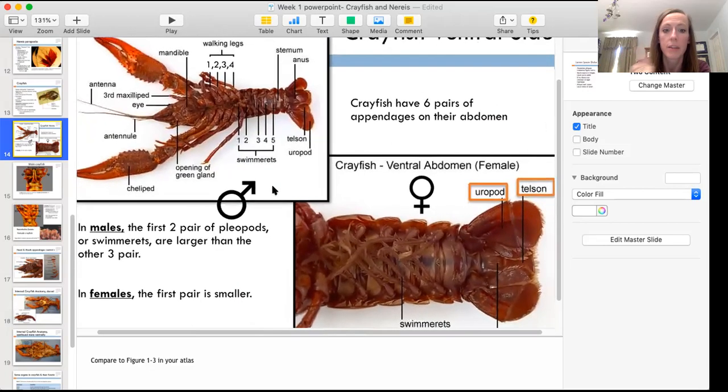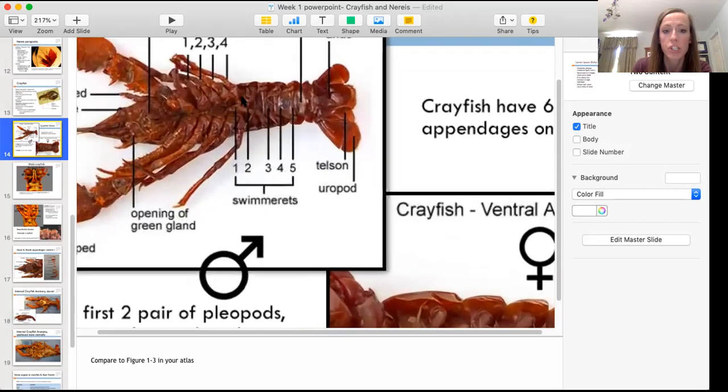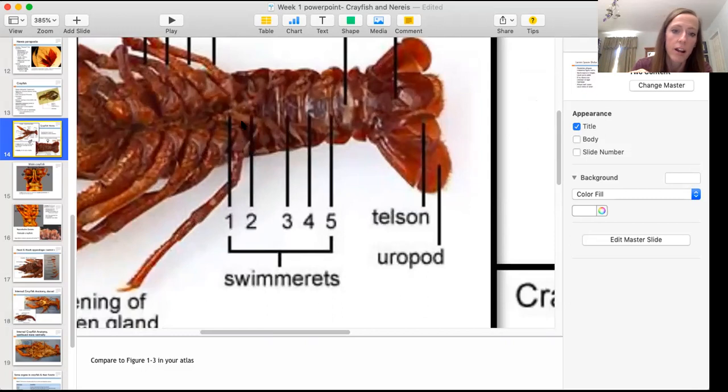large. Whereas in the male, the first two pair here and here, 1 and 2, the first two pair are larger, and then 3, 4, and 5 are smaller.